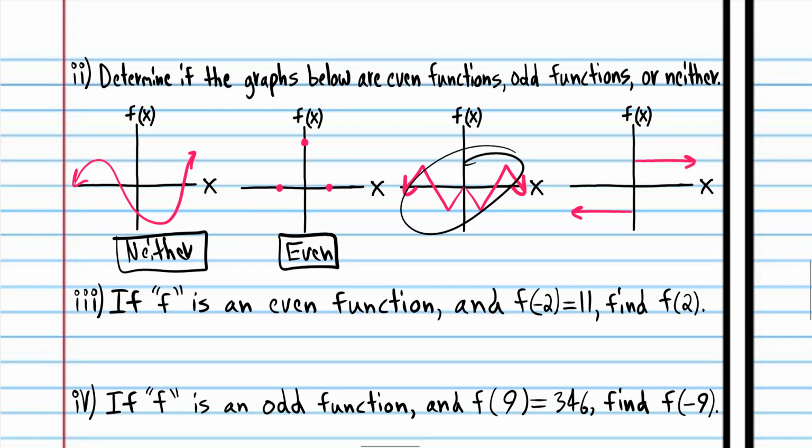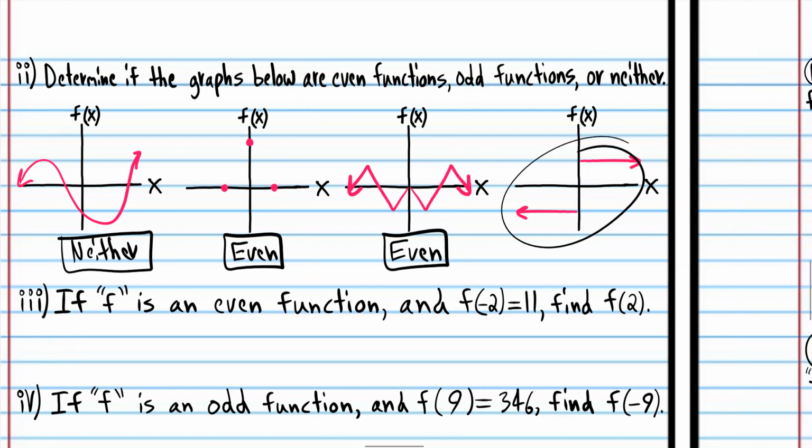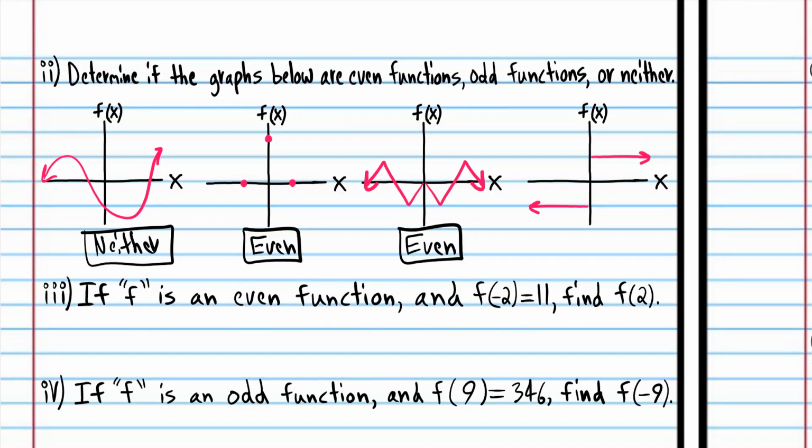This is also symmetric about the y-axis, so it's an even function. And this is symmetric about the origin, because for every point (x, y), you have another point (-x, -y). So that is called an odd function because it's symmetric about the origin. So if you got that right, excellent.